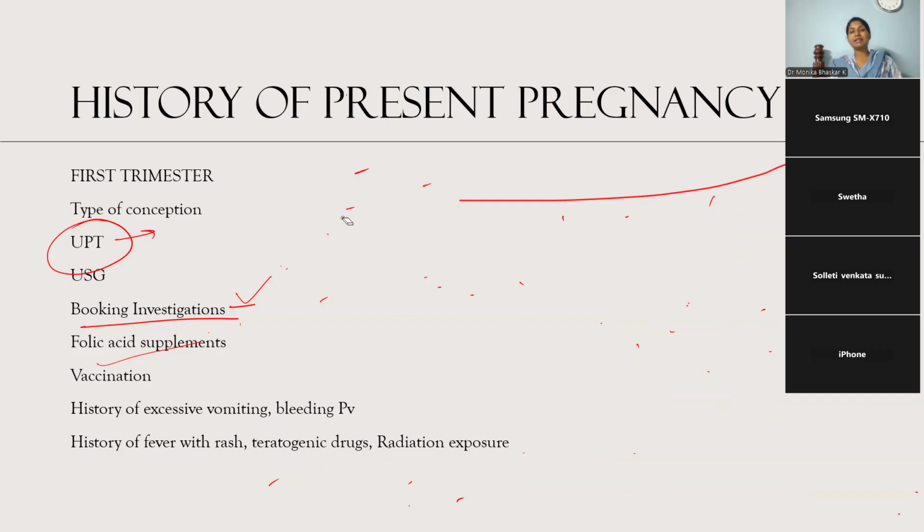But you have to keep on revising and keep updating yourself, because the things which were there during my PG days are not the same as the present scenario. There are so many updates, so many guidelines which have changed, and we also have to change our clinical practice according to the evidence-based guidelines.